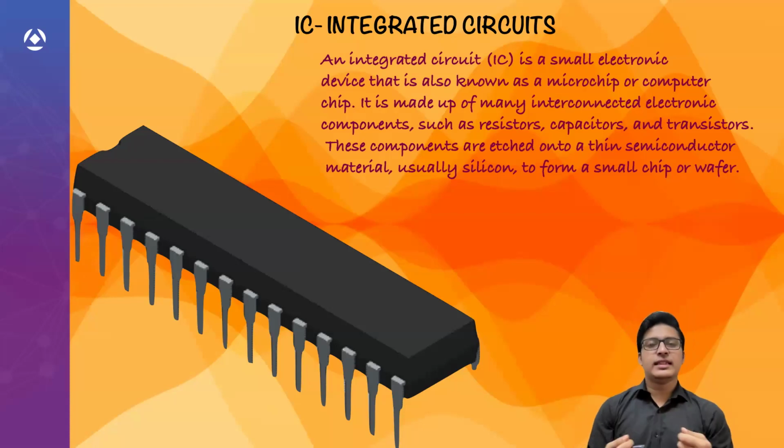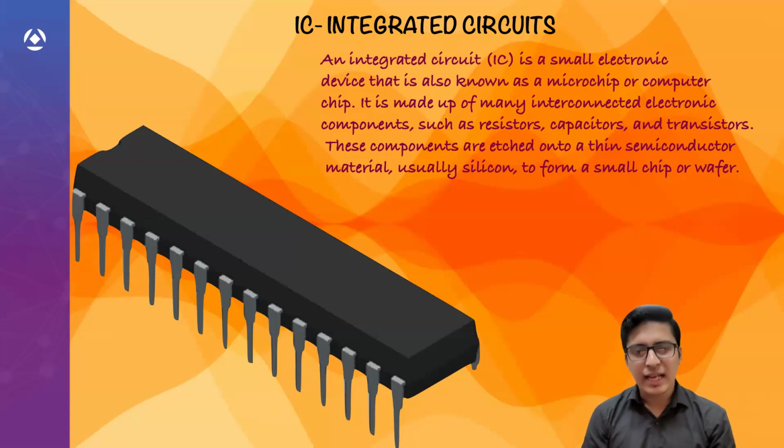You must have seen it at some point in some textbook or somewhere else. IC stands for integrated circuit. The integrated circuit is a very small electronic device that is also known as the microchip or computer chip.